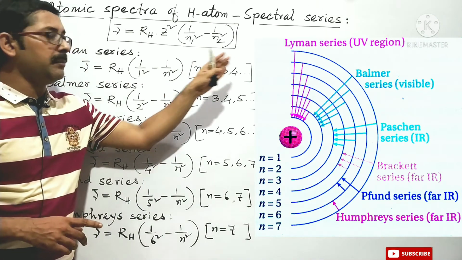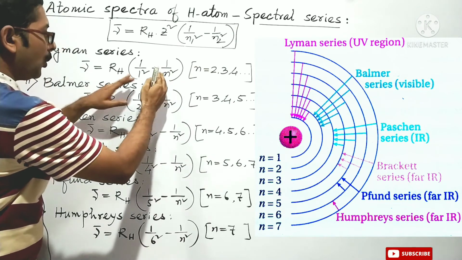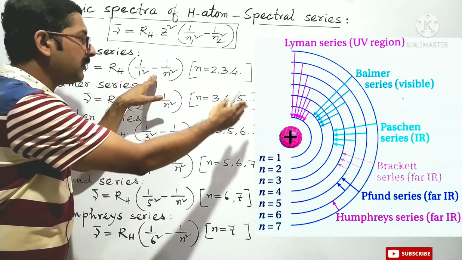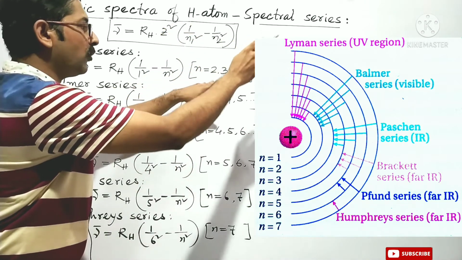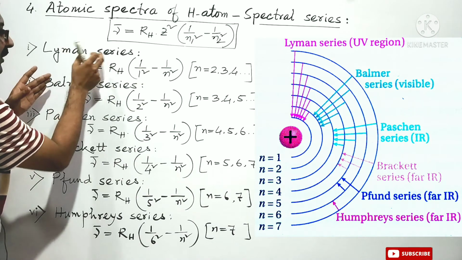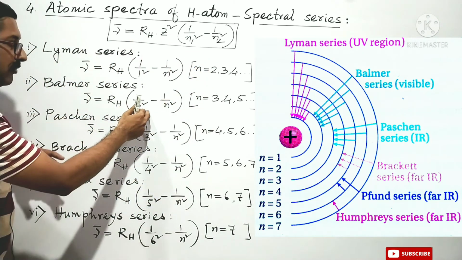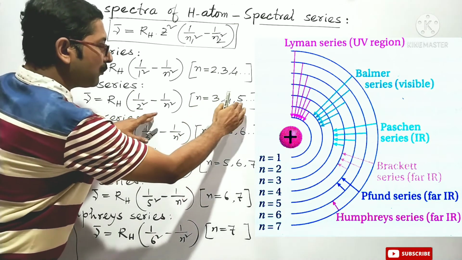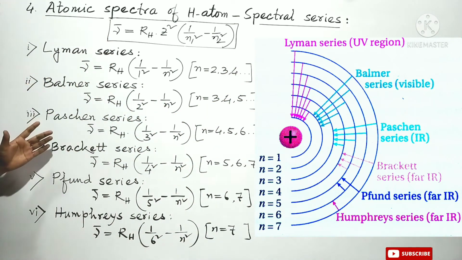As you see in the image, when the electrons come from the orbits higher than the first orbit, from the second orbit, from the third orbit, from the fourth, fifth, sixth and seventh orbit, these Lyman series of lines are obtained. When the electrons come back from the third, fourth, fifth, sixth, seventh orbit to the second orbit, these Balmer series of lines are obtained.